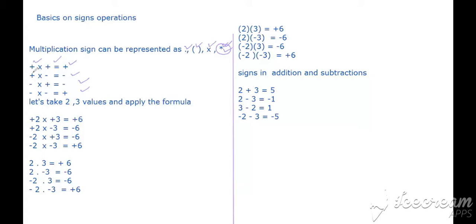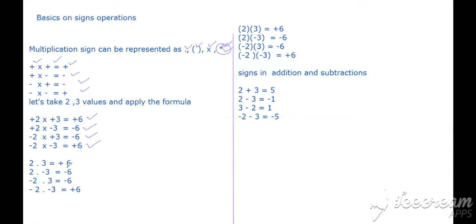First, plus into plus: plus 2 into plus 3 is plus 6, and plus 2 into minus 3 is minus 6, because plus into minus is minus. Minus 2 into plus 3 is minus 6, and minus 2 into minus 3 is plus 6.